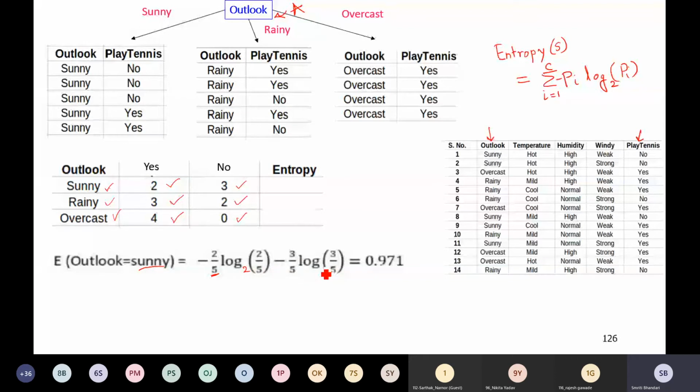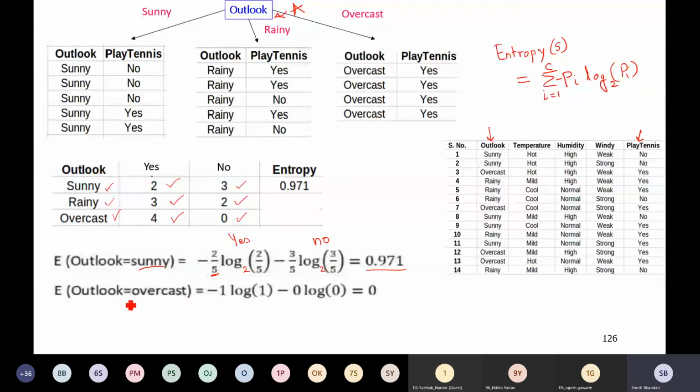Please note we are using logarithm to the base 2. This term is for the yes class, and this is for the no class, 3 samples belonging to no class out of 5 samples. If we compute this, the entropy for outlook equal to sunny comes out to be 0.971.